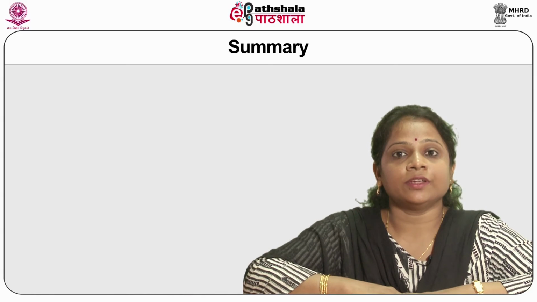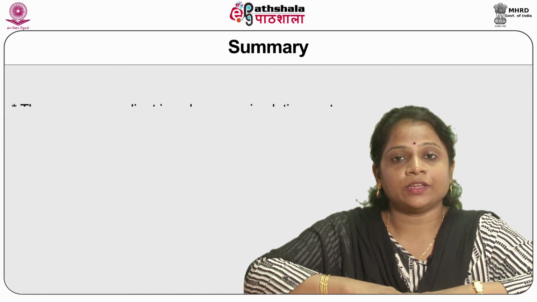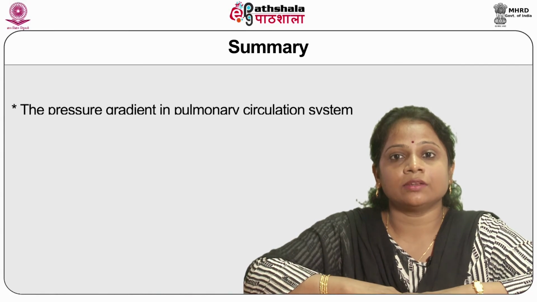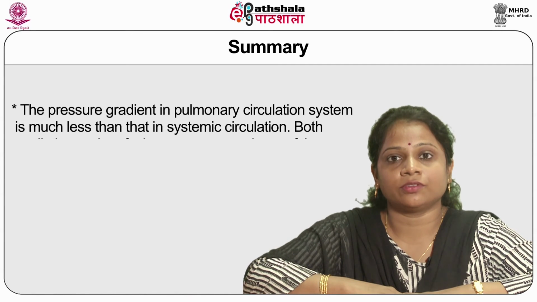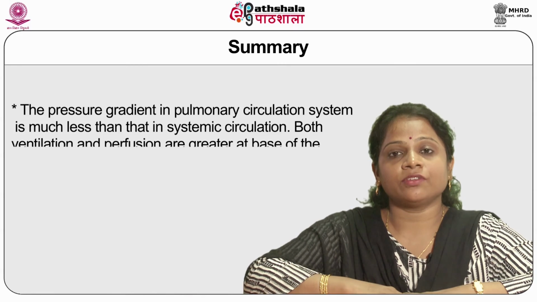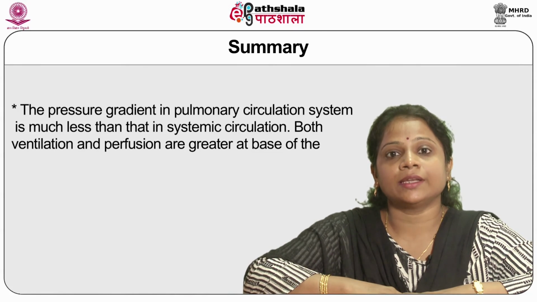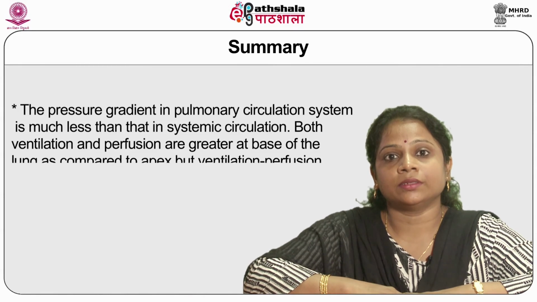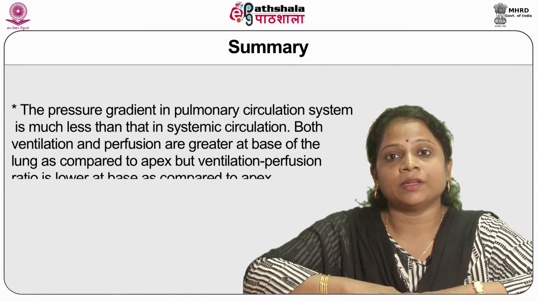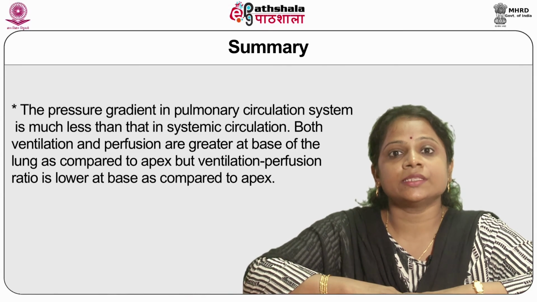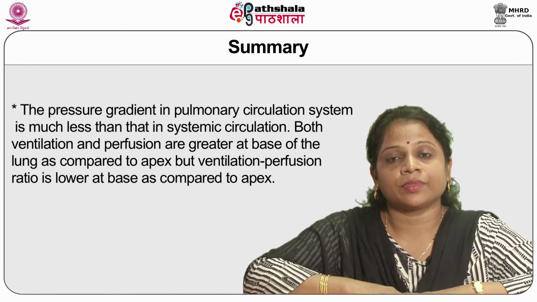The summary for this module is: the pressure gradient in the pulmonary circulatory system is much less than that in the systemic circulation. Both ventilation and perfusion are greater at the base of the lung as compared to the apex, but the ventilation perfusion ratio is lower at the base as compared to the apex.